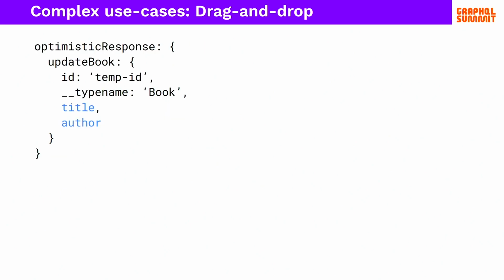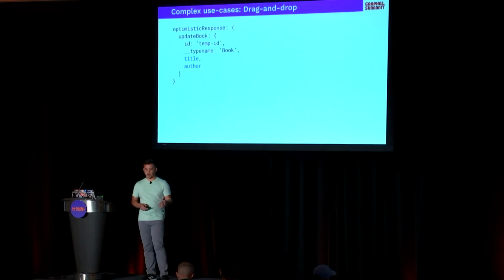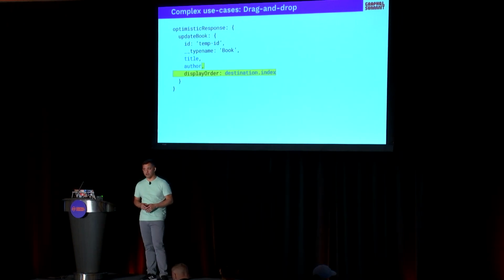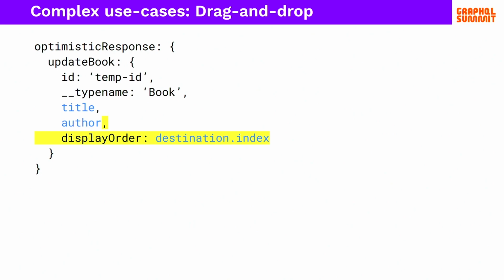So, just like before, we modified our schema. Now we need to modify our optimistic response to include that. But there's two different scenarios we have to handle. The first scenario is we have to handle the item that is actually being dragged and dropped. So using something like React Beautiful D&D, we're getting a destination index for that item that's being dragged and dropped.